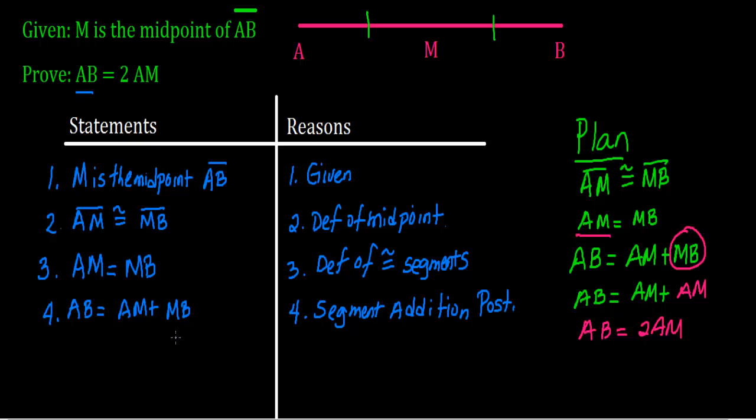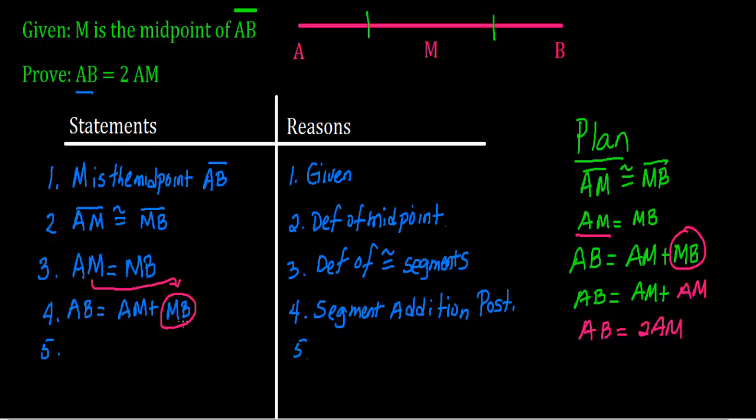So I write that out, and very quickly I notice that I'm very close to reaching the proof statement in my statements column. Watch this. I have AM plus MB. This MB, I'm going to substitute for AM because in statement number 3, it says that AM is the same thing as MB.